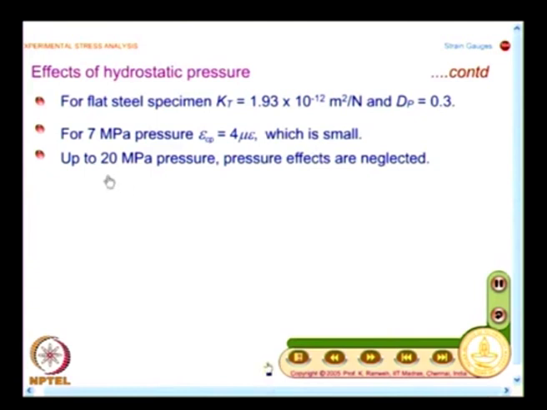The recommendation is that up to 20 megapascal, pressure effects are neglected. That is the outcome of the study. When the pressures that you are handling are of the order of 20 megapascal, you need not make any special efforts to correct for the hydrostatic pressure effects.